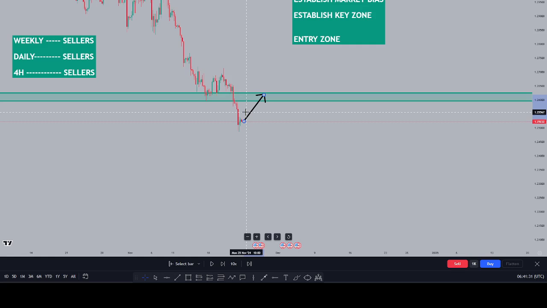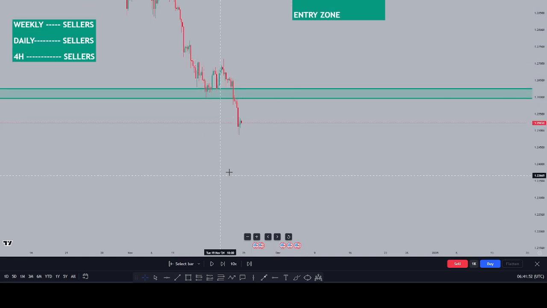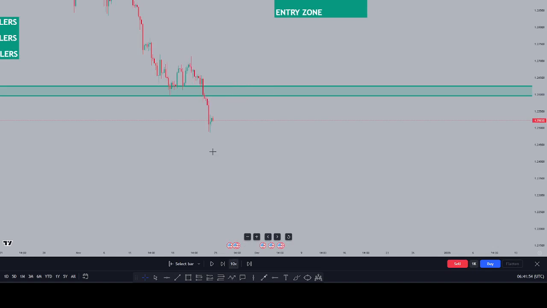Now, if you look at the structure here, there are two types of structure. We have the major structure and the minor structure. The major structure has the swing major high, swing major low, swing major lower high, right? But inside this major structure, there is also minor structure. Now look at this time frame. This place was the last highest point, then price sold to the latest lowest price level, right?